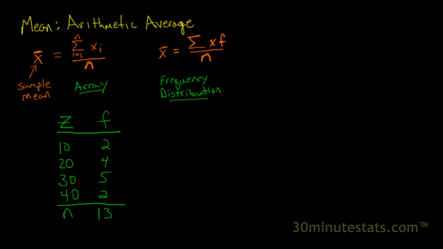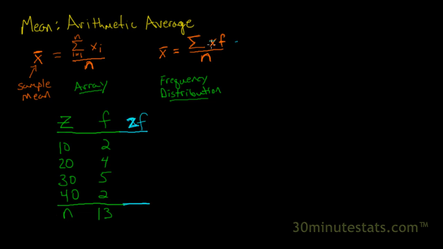Now, to calculate our average, we're going to take this table and first calculate a new column called x times f. Now, this is in our numerator for calculating the mean, and we need to multiply each value of z. I guess in this case I should call this z times f, right?